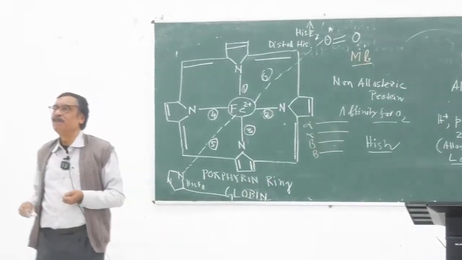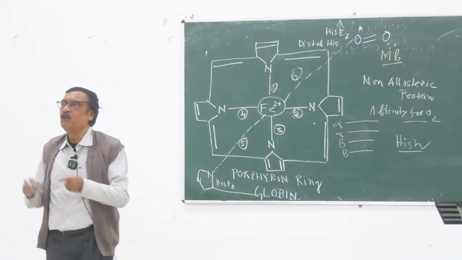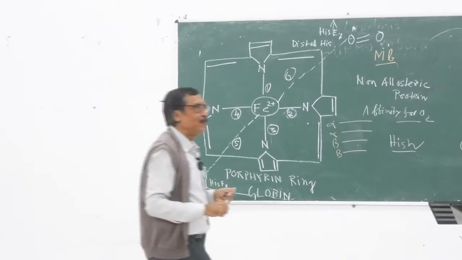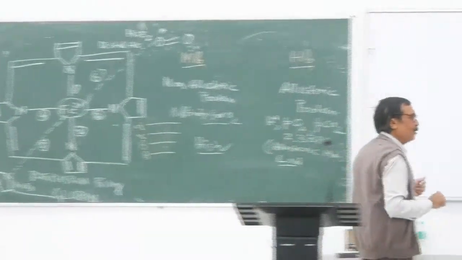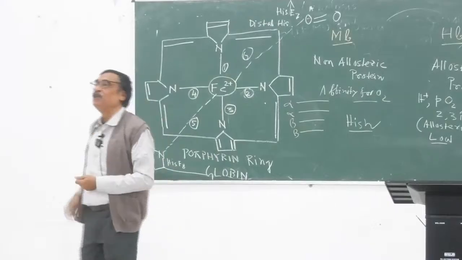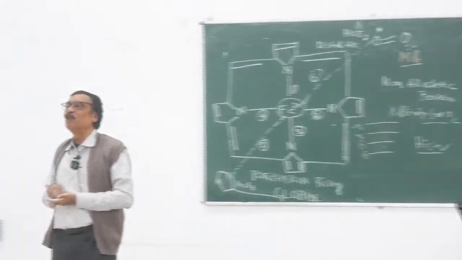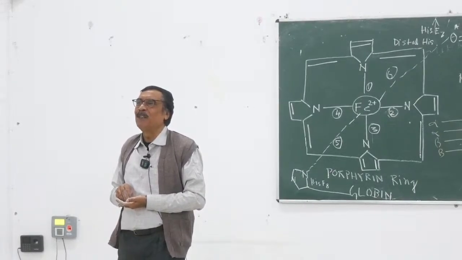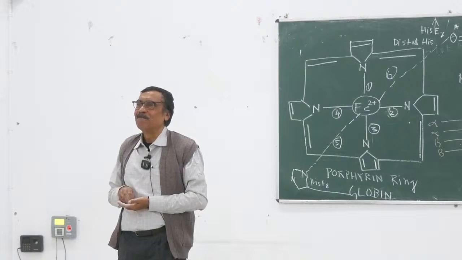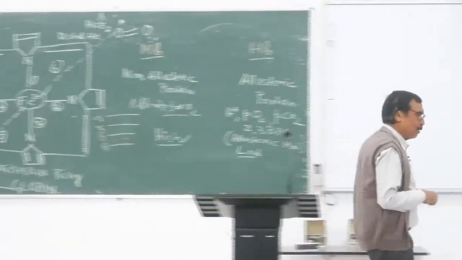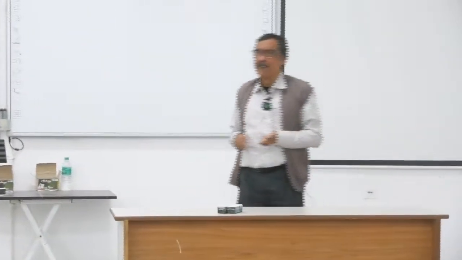Because of the high affinity with oxygen, অক্সিজেনকে খুব জোরে চেপে ধরে, ছাড়ে না। তাহলে অসুবিধাটা কি হবে? অক্সিজেনকে শুধু ধরলে তো হবে না, অক্সিজেনকে ছাড়তেও হবে। এই অক্সিজেন ধরা এবং অক্সিজেন ছাড়া, অক্সিজেন ধরছে ইন লাংসে, অক্সিজেন ছাড়ছে টিস্যুতে। এই কাজটা হিমোগ্লোবিন যতটা সহজে করে, মায়োগ্লোবিন ততটা সহজে করতে পারে না। তার কারণ অক্সিজেন একবার ধরলে পরে মায়োগ্লোবিন সেটা ছাড়তে চায় না। Affinity for the oxygen of the myoglobin is much higher than hemoglobin.